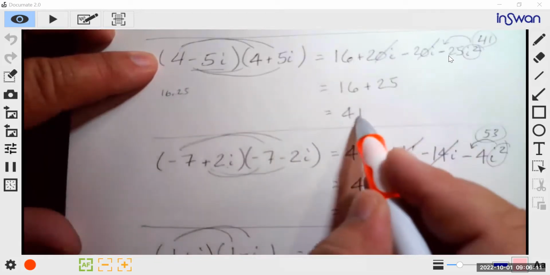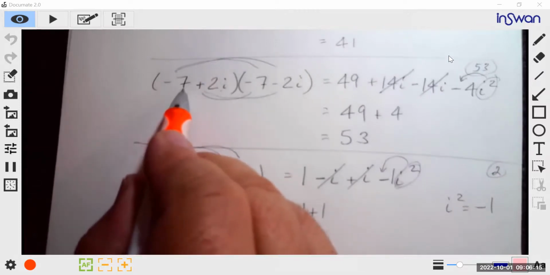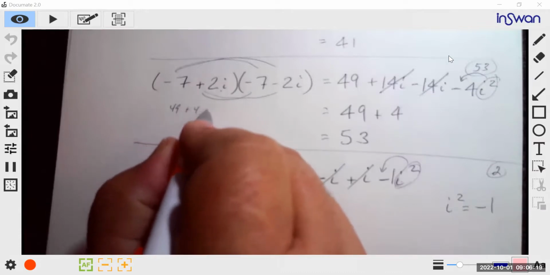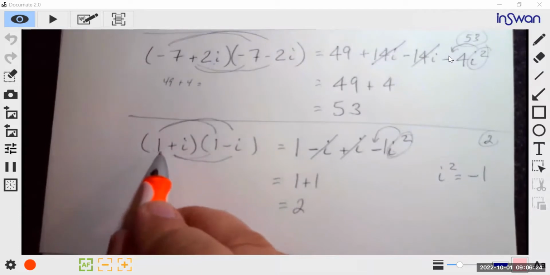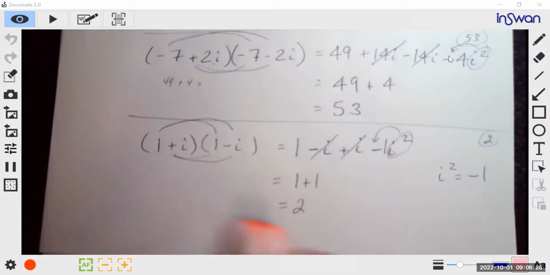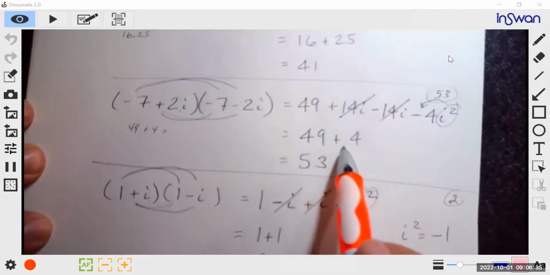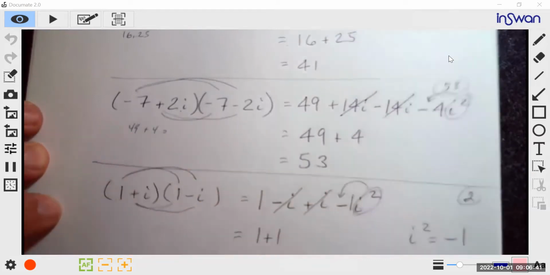Add them together, you get 41. 7 squared is 49. 2 squared is 4. 49 plus 4 is 53. 1 squared plus 1 squared is 2. So that's a shortcut whenever you multiply conjugates. The middle terms always cancel. The last term always becomes positive now. And it's just square the two numbers and add them together.